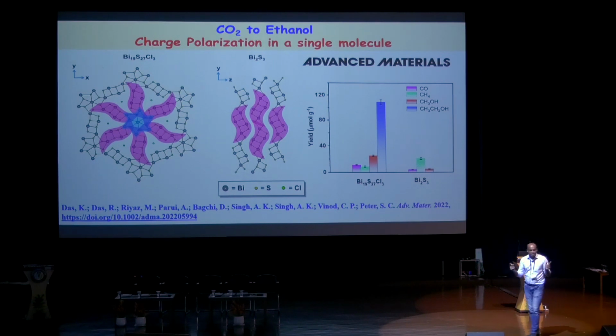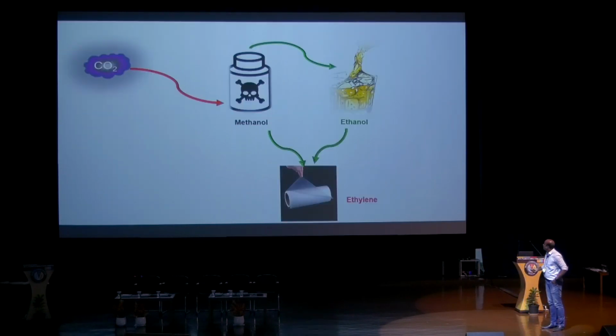When this charge polarization comes into the picture, the intermediates, that is nothing but CO and CHO, are stabilized, and it forms CC coupling. So to stabilize that CO and CHO, we design this catalyst, and then eventually you end up with ethanol here.